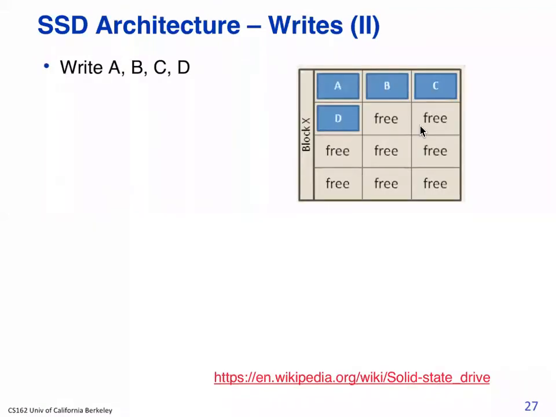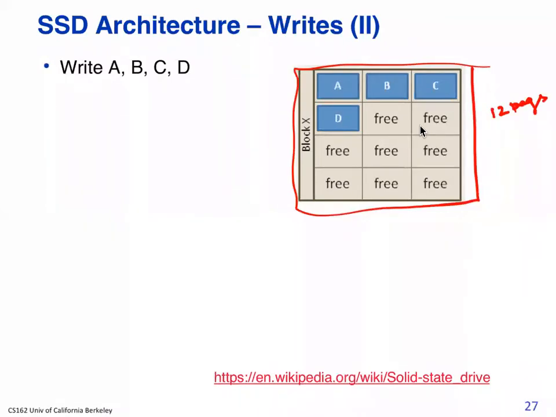So let's assume that initially everything is free, and this is a block which has 12 pages, and then we get data A, B, C, D corresponding to 4 pages. So these can be written here.